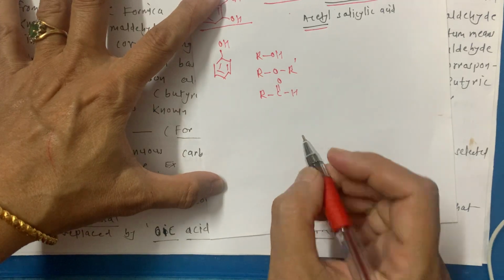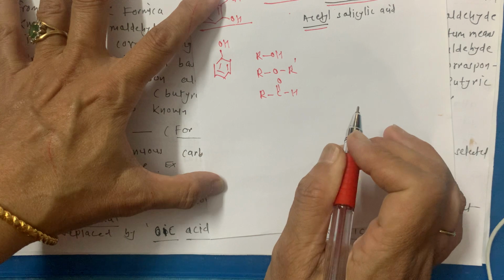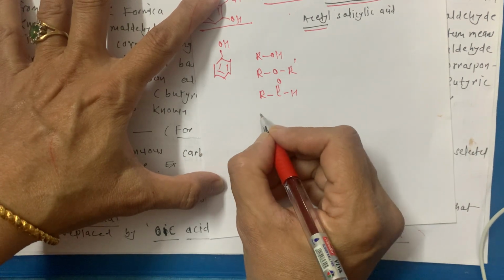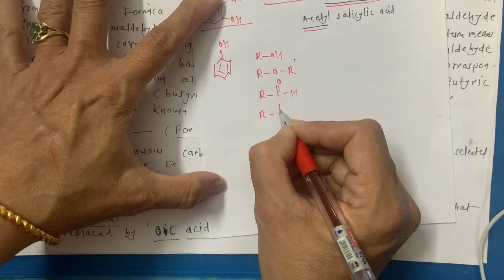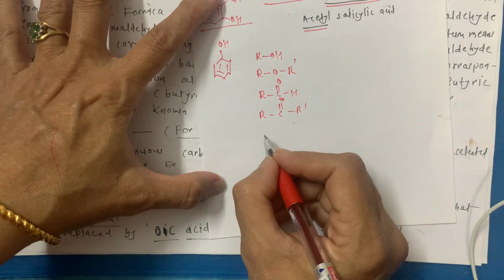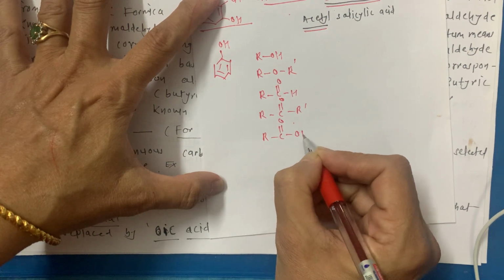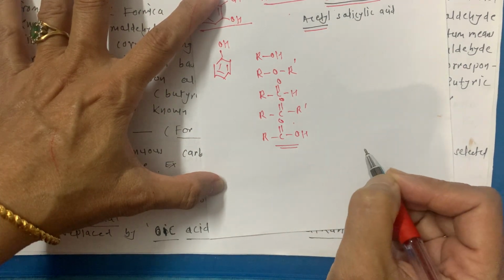This is a very basic requirement of organic chemistry. If instead of H there is again an R group, same or different, then it becomes a ketone. When this is RC double bond OOH, then this is the carboxylic acid.